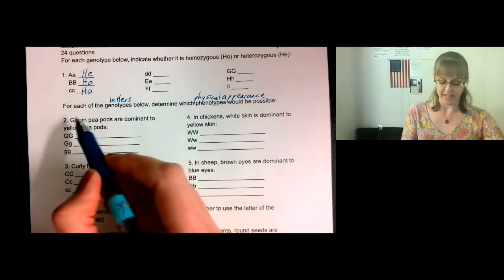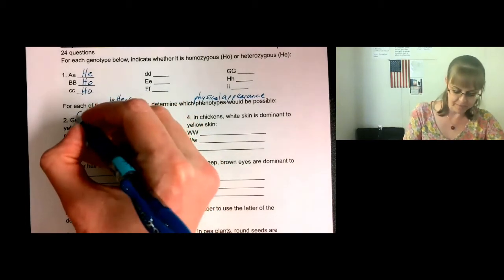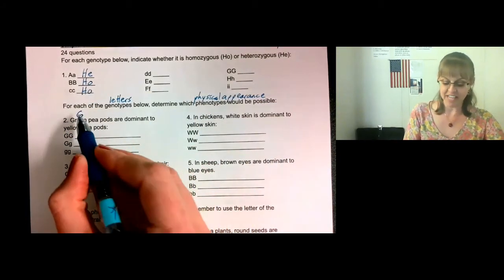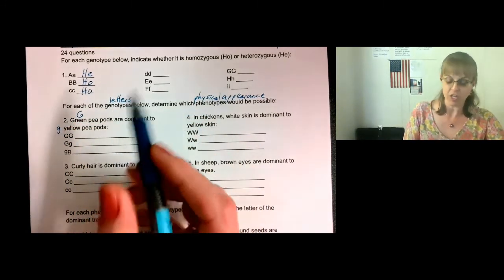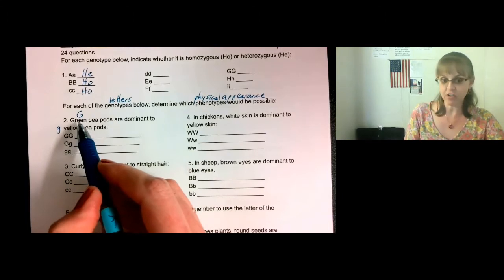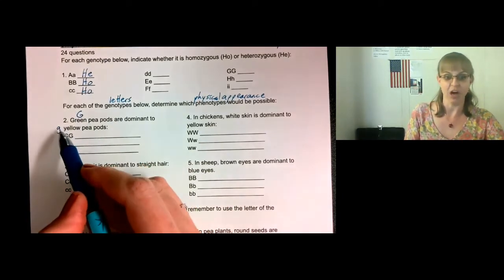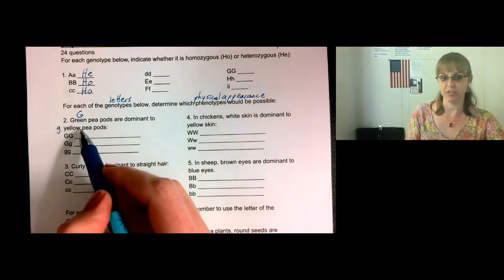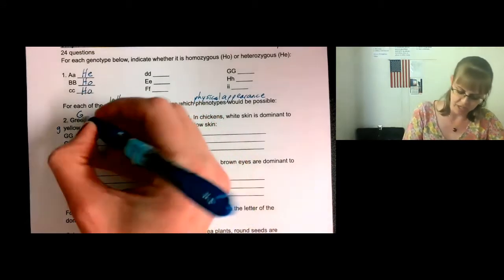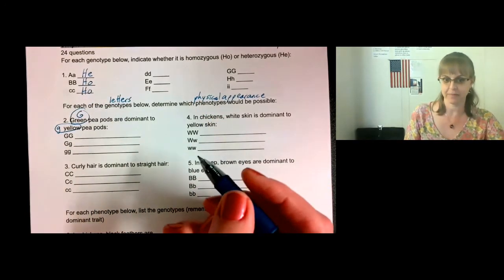So, the letter G is used to represent green, and the same letter in the lowercase is used to represent yellow. You always go with the capital version of the dominant trait. Then give the lowercase version of the dominant trait to the recessive gene. So, green is dominant, yellow is recessive.